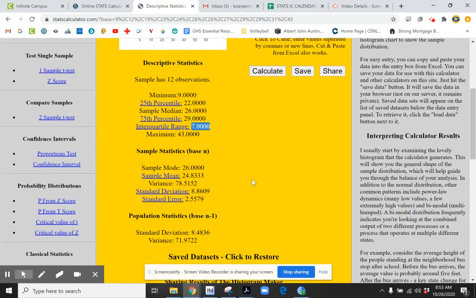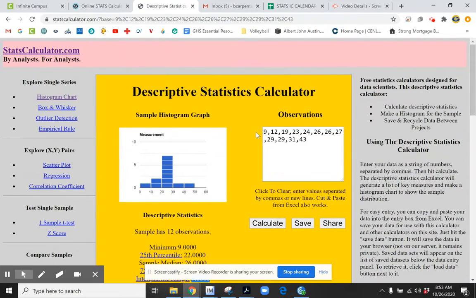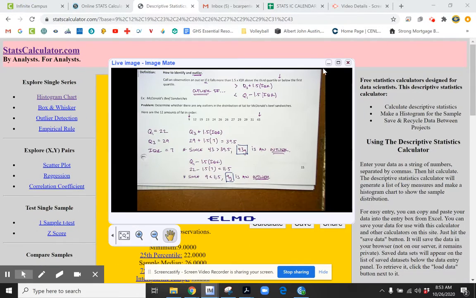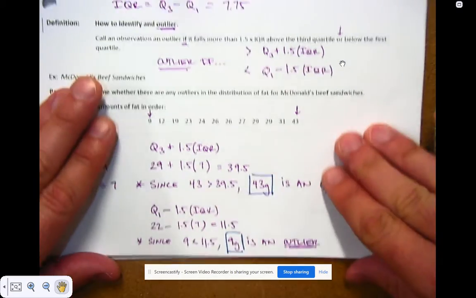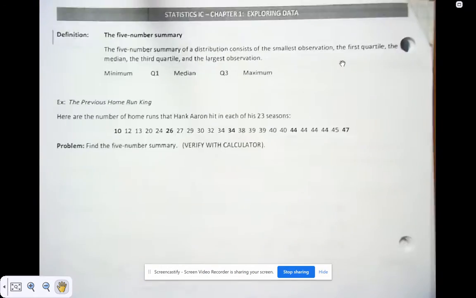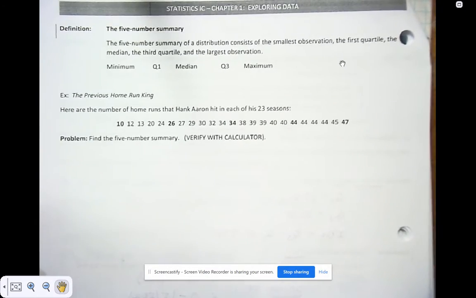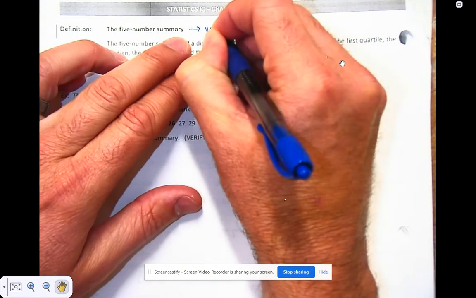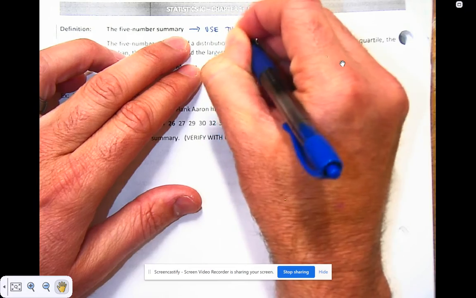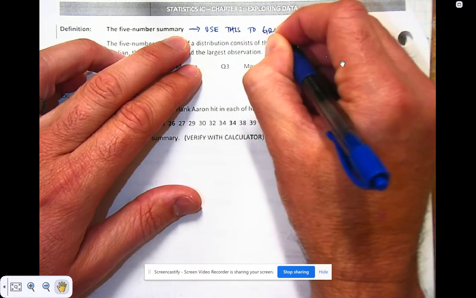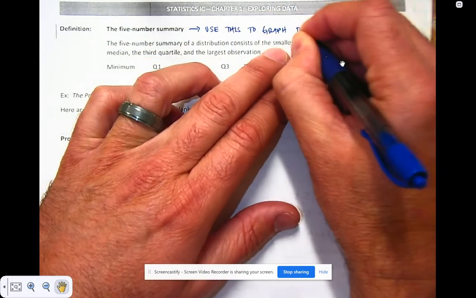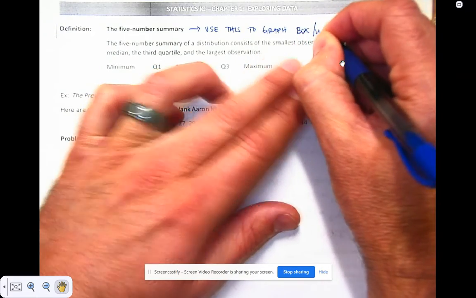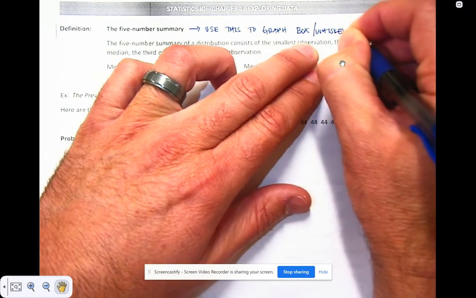Okay. All right. Let's go back here to the notes and turn our page over and see what we got. On the back, we are going to talk about the 5-number summary, which allows us to graph what we're going to call a box and whisker plot.